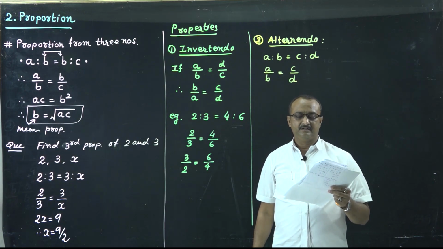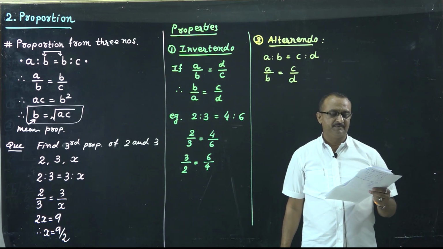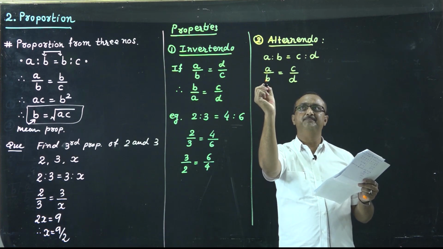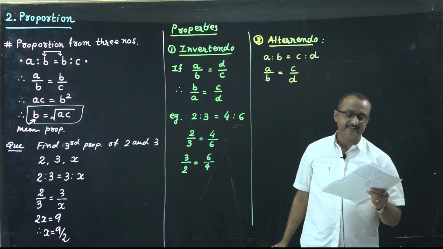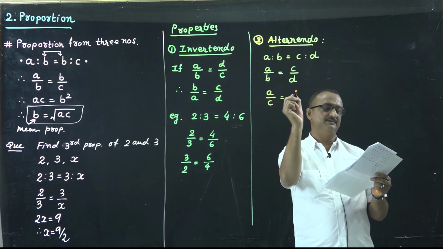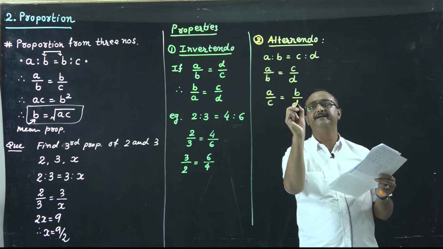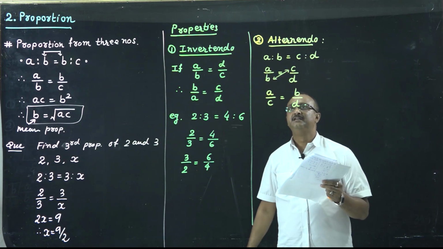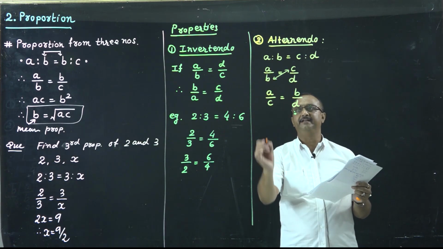What is our property alternando? We can write A upon B equal to C upon D as A upon C is equal to B upon D. We can change these two terms. A upon C is equal to B upon D.